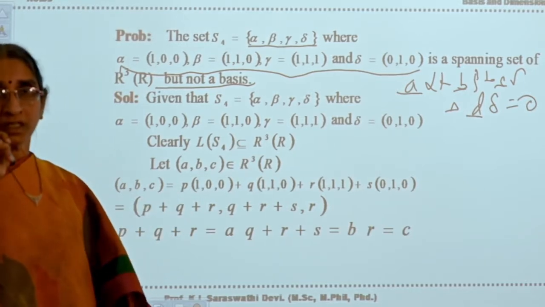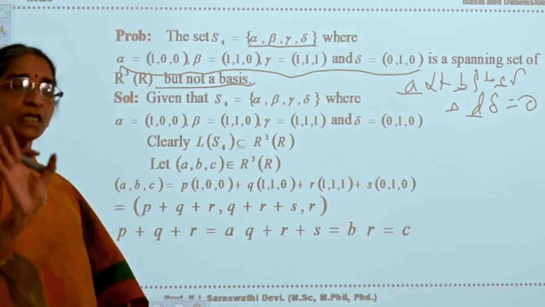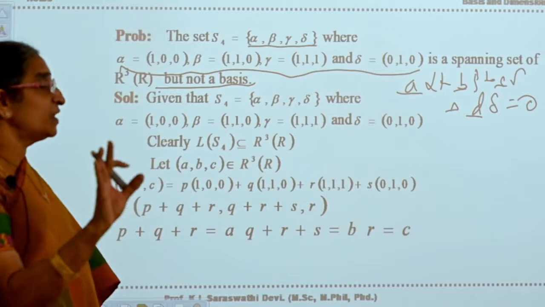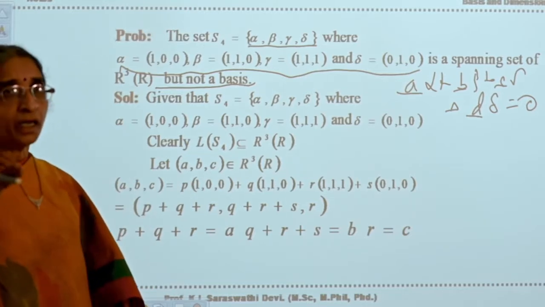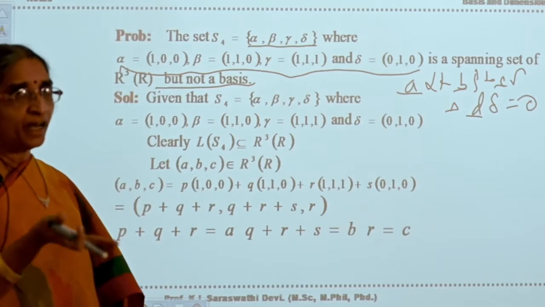Then only you will say that it is linearly dependent. If all are becoming 0, it is linearly independent. To show that it is not a basis, you have to prove that it is linearly dependent. If it is not linearly independent, it will be linearly dependent.